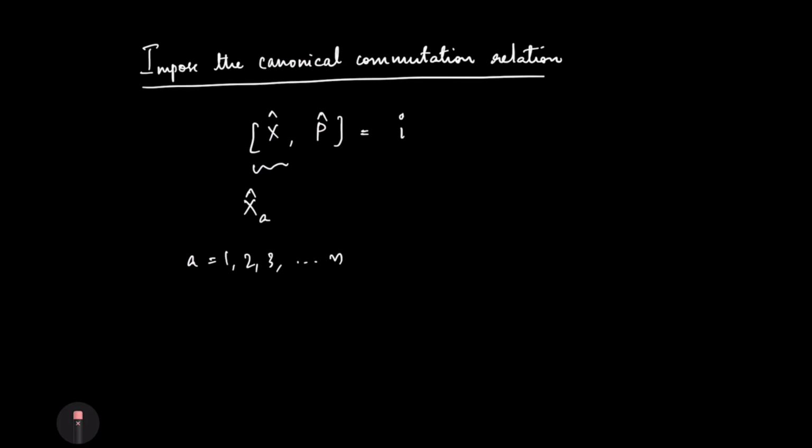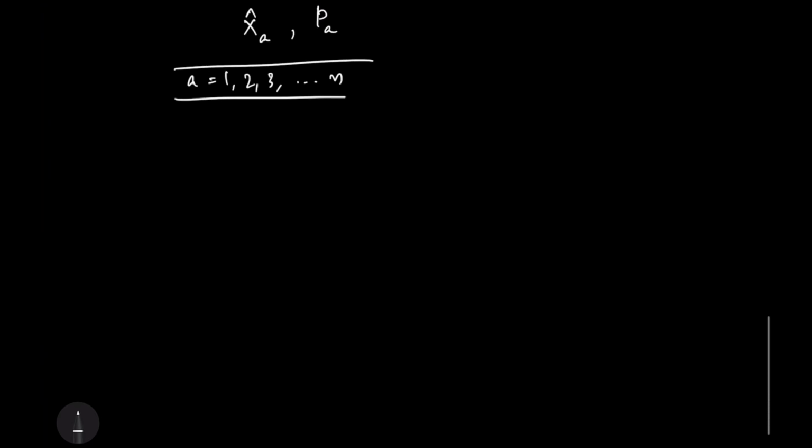Similarly, the momentum is also represented as pa. If there are more particles, then you have to label each particle, right? In that case, the commutator relation will become xa of t, comma, pb of t is equal to i delta ab.